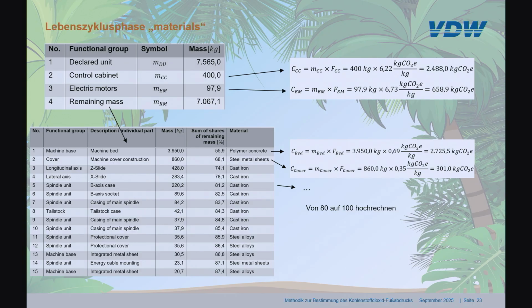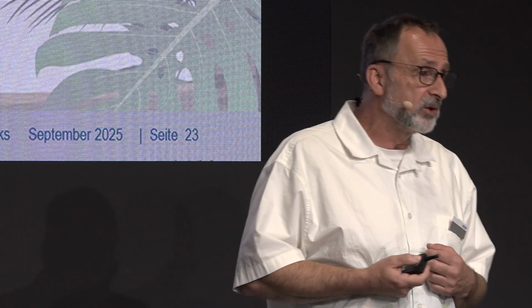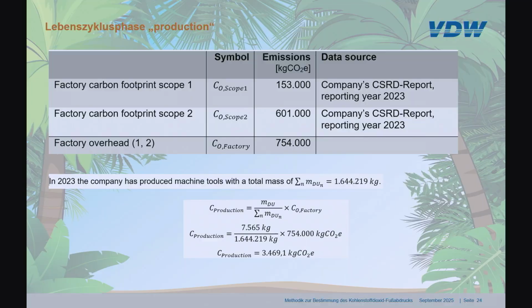We shouldn't forget that we have to have 100% of the mass or weight, and then you add a bit of a safety margin so that we can't be accused or suspected of greenwashing. And then you have the footprint for the entire material. That's the first life cycle phase, and that's the most difficult one. So if you've done that, you've done most of the work.